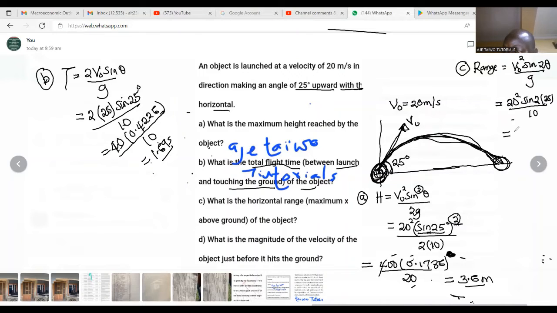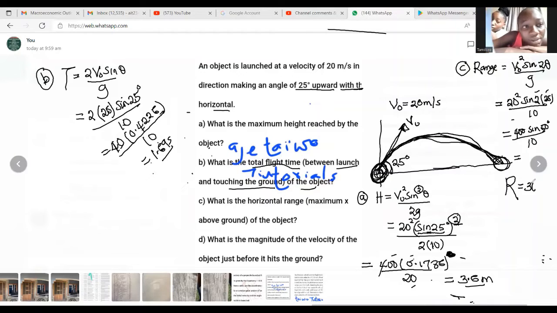So at the end we have 400 sine 50 degrees all over 10, because 2 times 25 is 50. So that will be 400 sine 50. What is 400 sine 50 all over 10? Tamilore, give me the final answer. 30.64 meters.